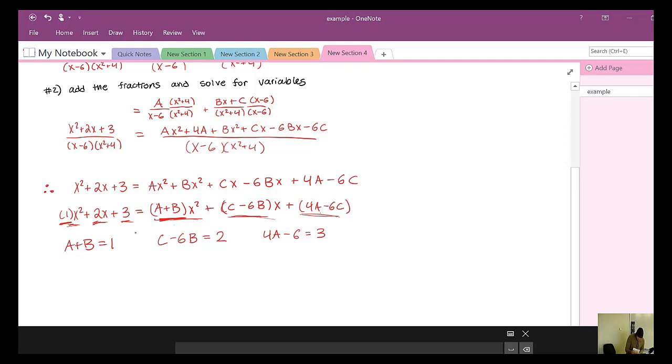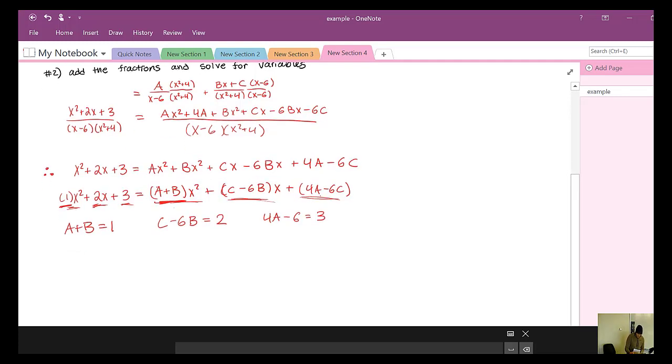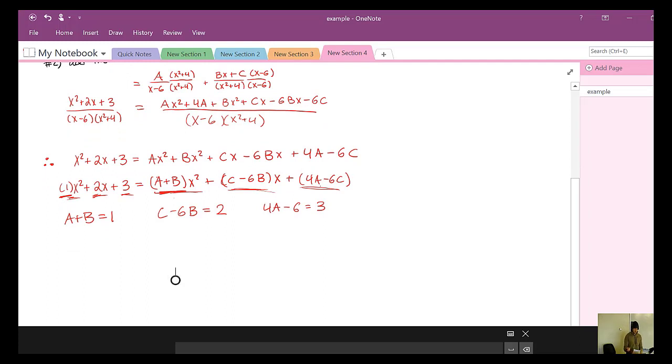So now it's just a system of equations problem, right? For example, if we wanted to solve for B first, let's say we try to solve B first. So then I would get A here to get rid of it, and I would get C here to get rid of that.